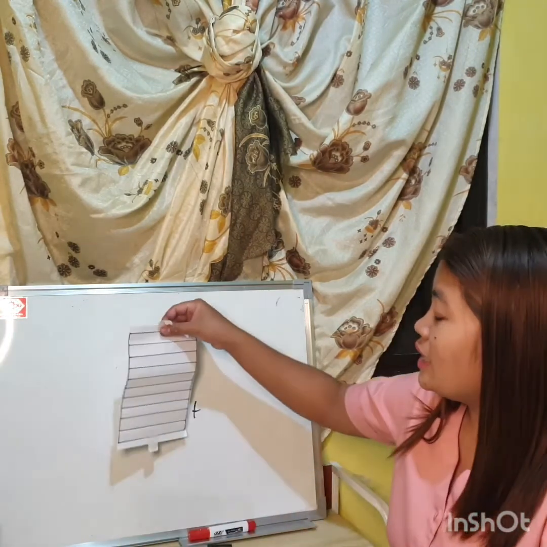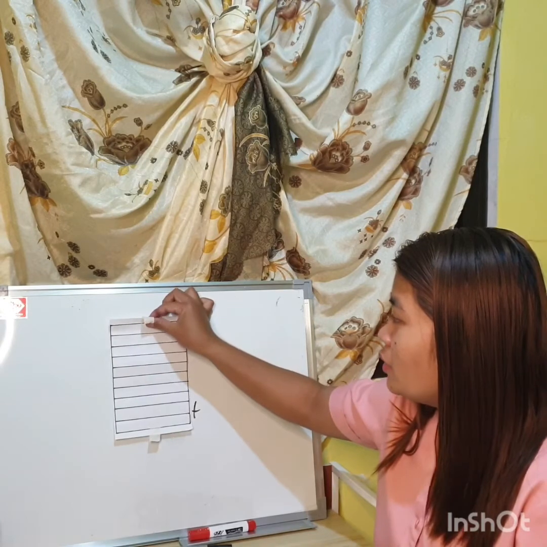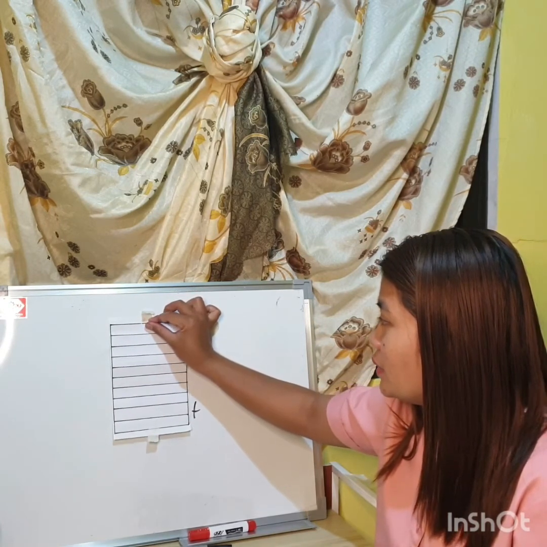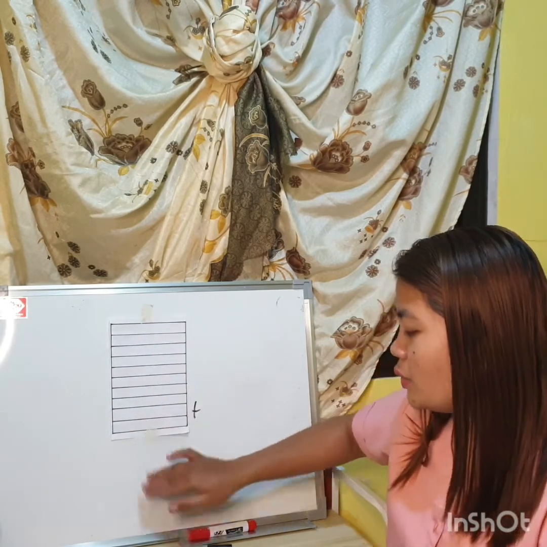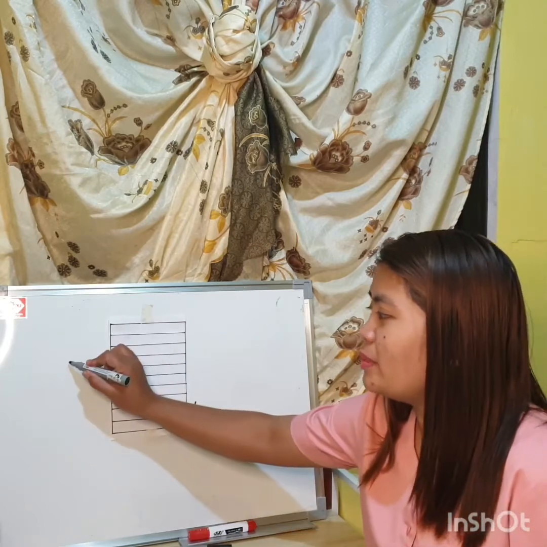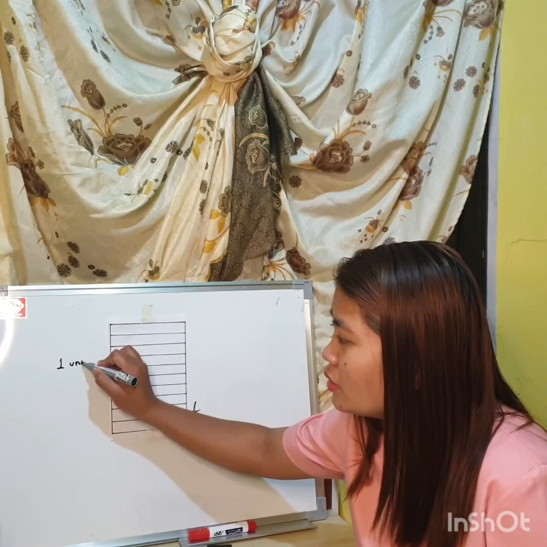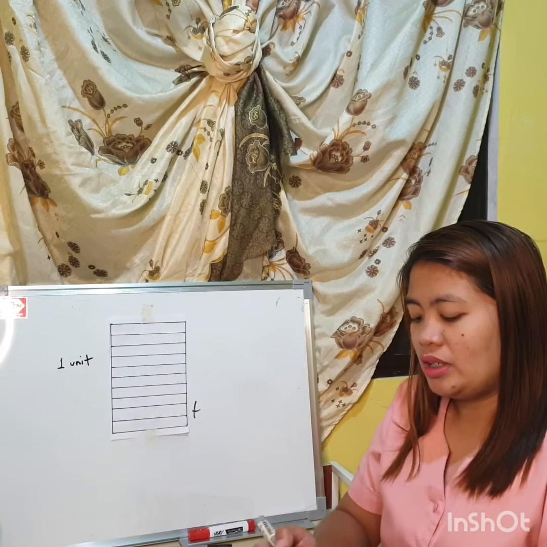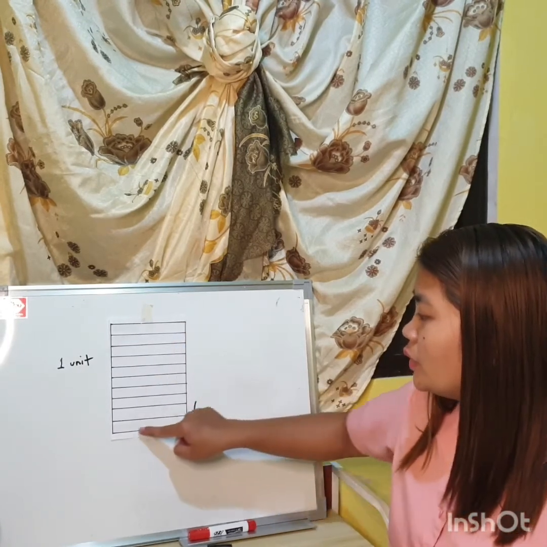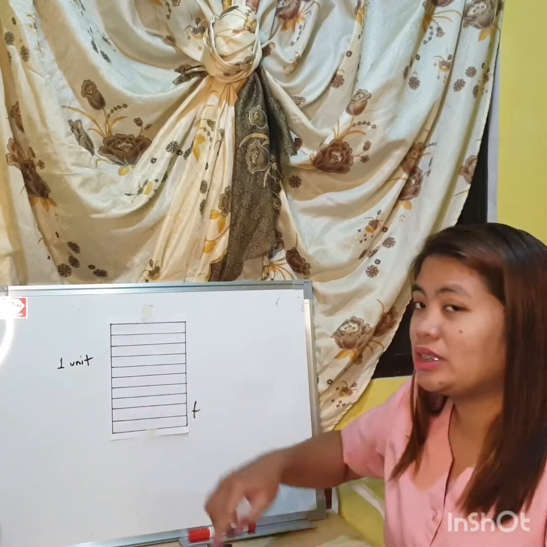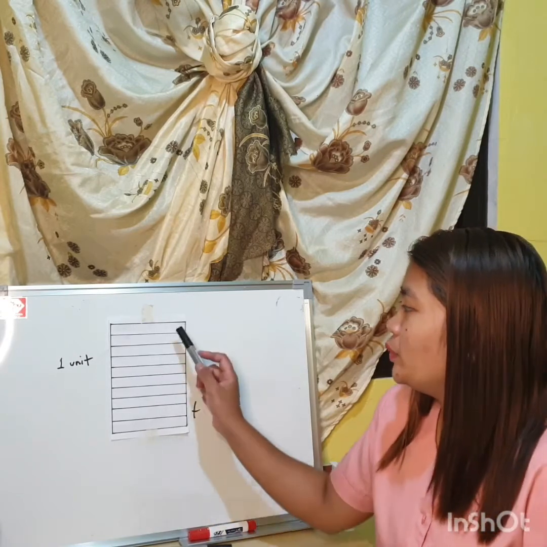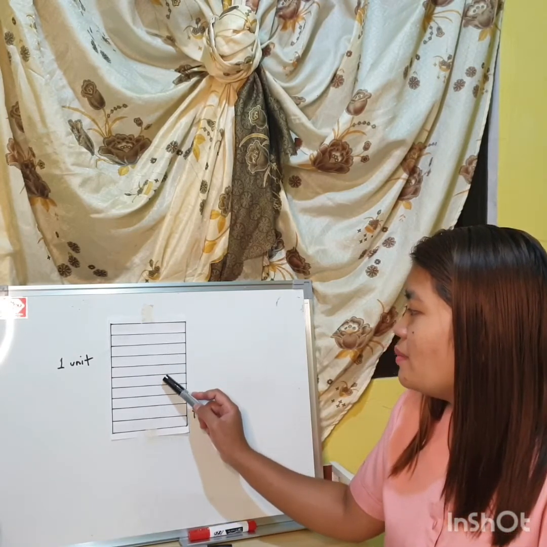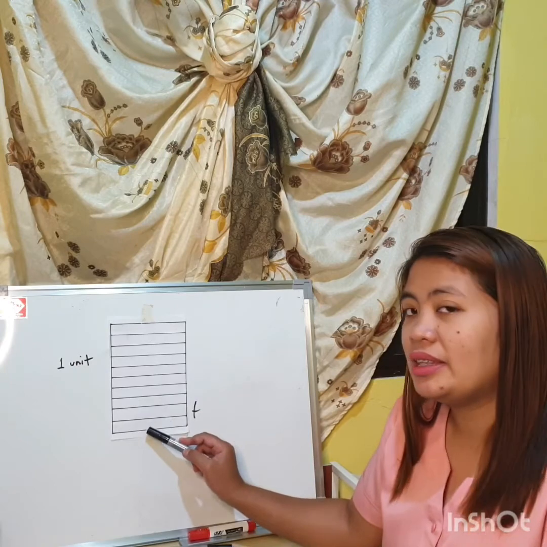So, halimbawa po, etong papel na to, it represents 1 unit or 1. Etong buong ito, hinati ko po siya sa 10. 1, 2, 3, 4, 5, 6, 7, 8, 9, 10.